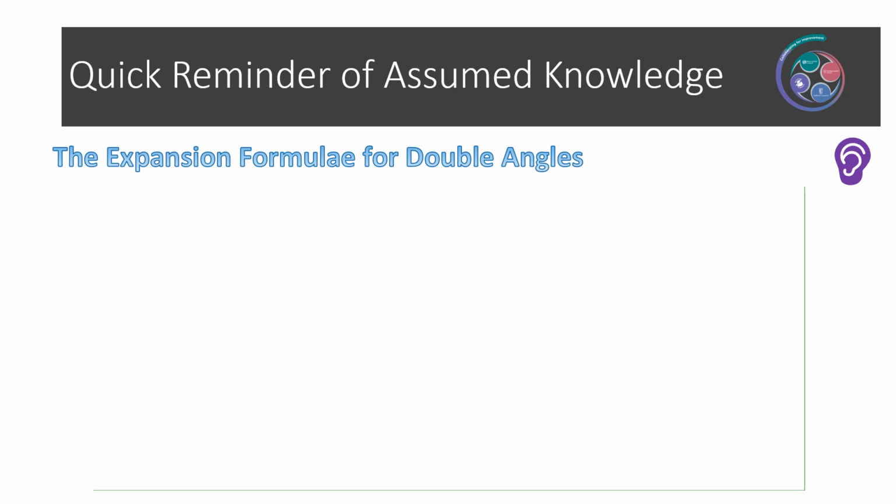Now from your work on expansion formulas, and if you can't remember them, the good news is at the start of the exam paper we have some formulas which are going to come in handy for this section.